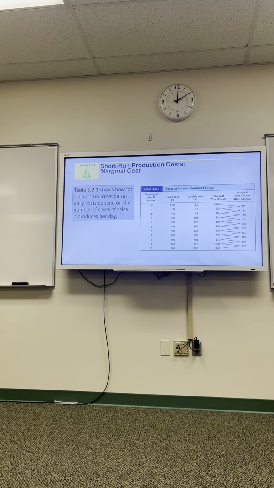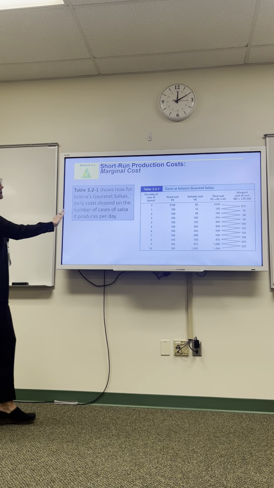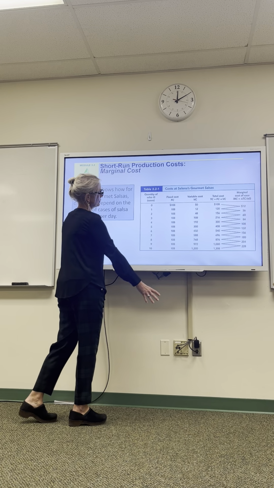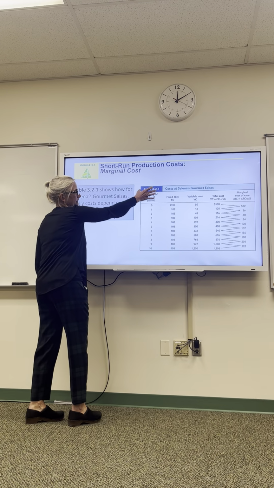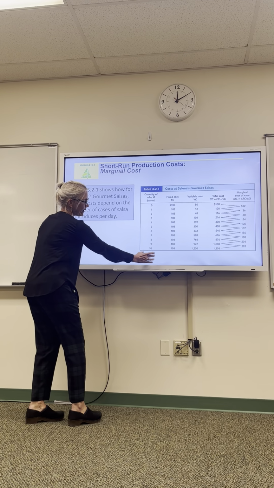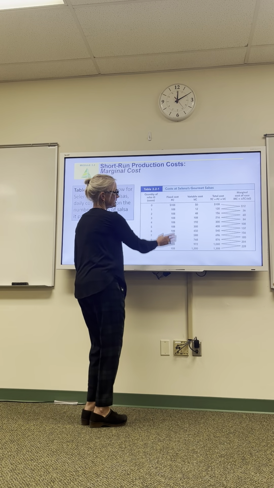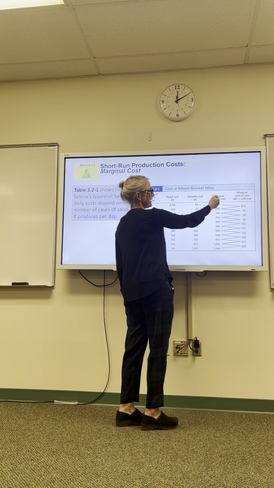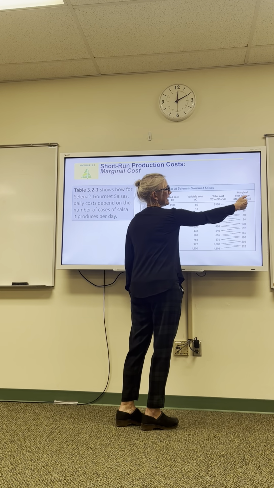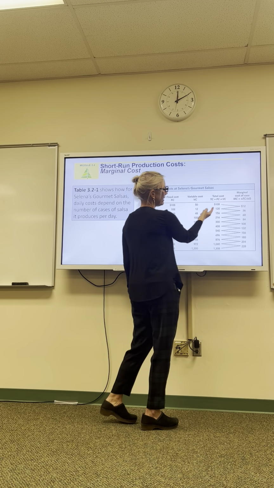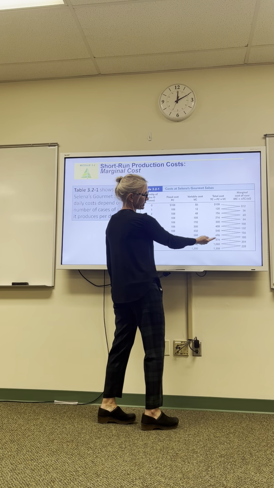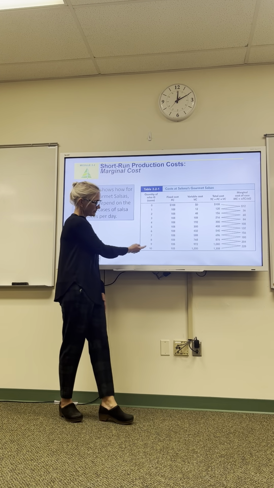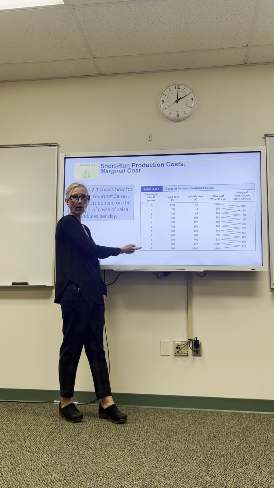And we can look at, like, if this is a firm's cost schedule, we've got, here's the quantity of output, here's the fixed cost, here's the variable cost, add those two together, that gives you total cost, and then marginal cost is how much total cost changes as you produce additional units of output.